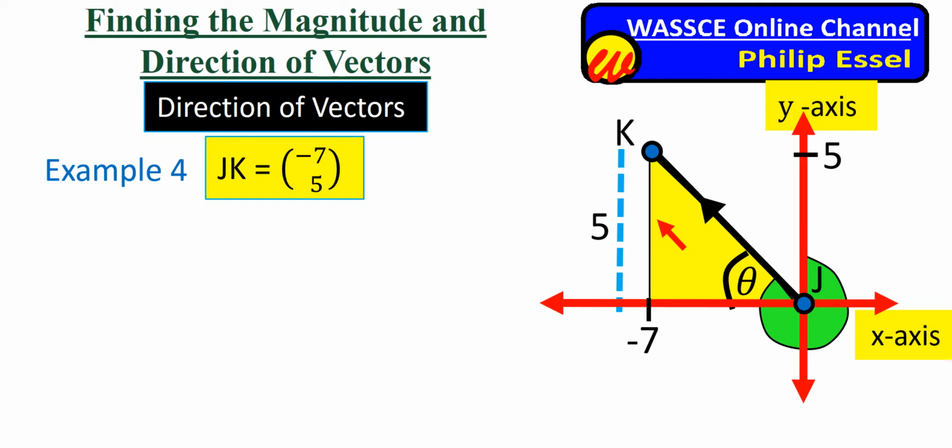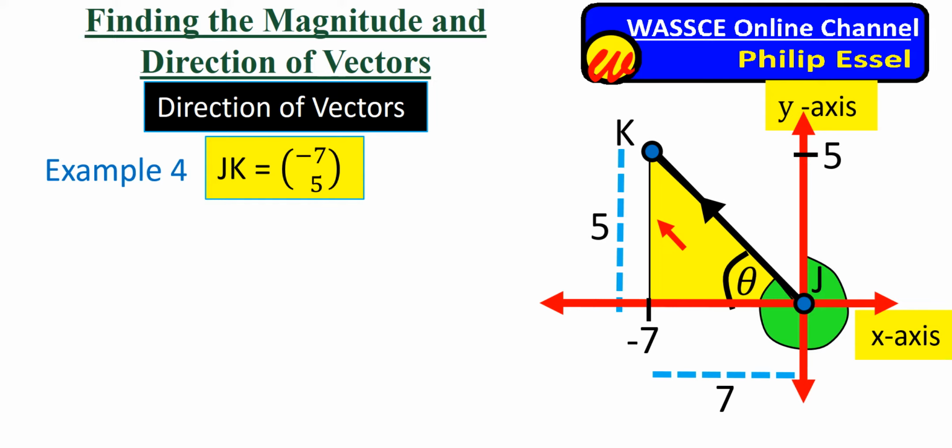Its value is 5 units, and that is its adjacent side in relation to the angle theta, and its value is 7 units. Note that the reason we are not using -7 but 7 is because the negative only tells us the direction, but we are interested in the absolute value of the 7. So the absolute value of -7 is 7. That's what we are interested in.